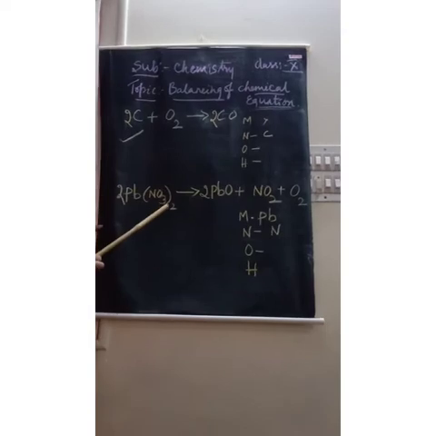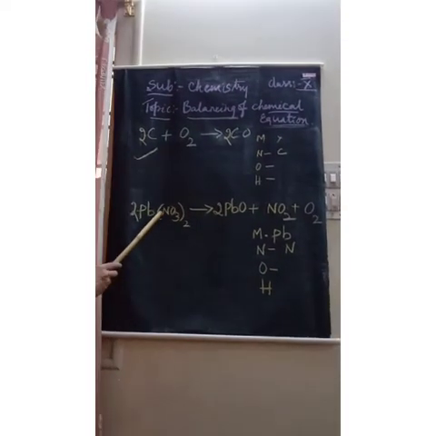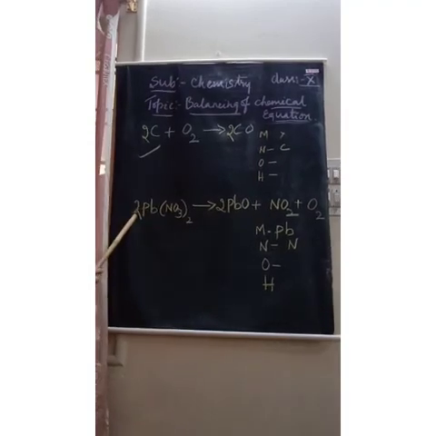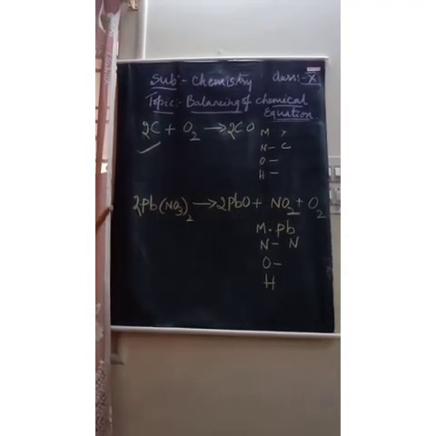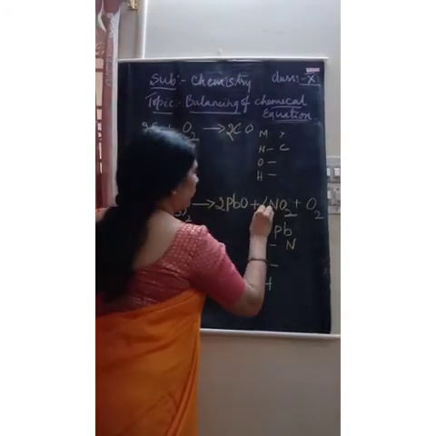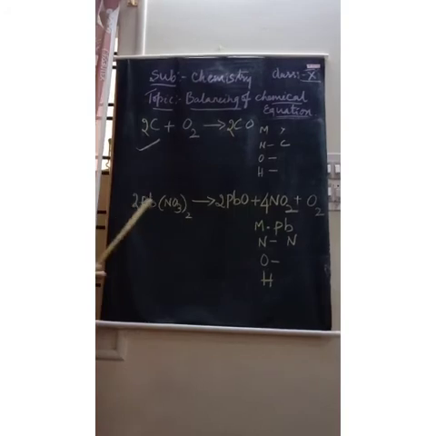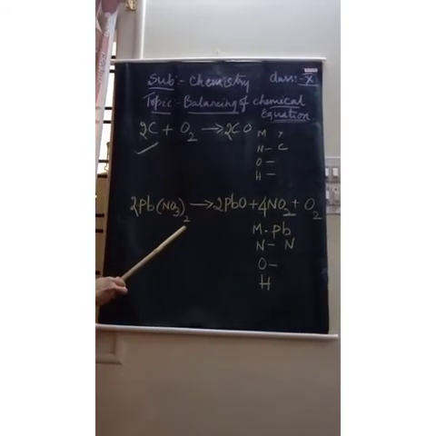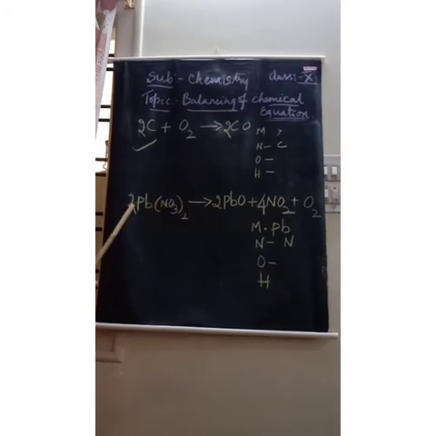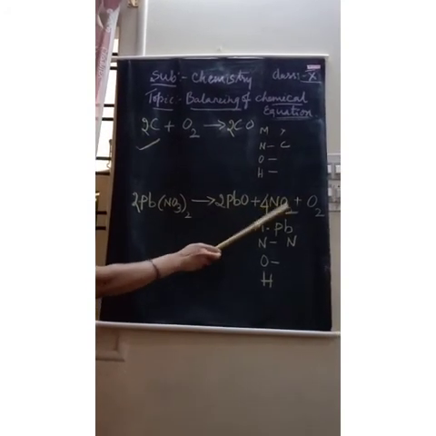How many nitrogen are there here? 2 nitrogen are there. 2 nitrogen plus here 2. 2 2s are totally 4 nitrogen. We have to put 4. Clear, children? This number is applicable for the nitrate overall group. NO3. 2 2s are 4. How many nitrogen, ma? 4 nitrogen are there.